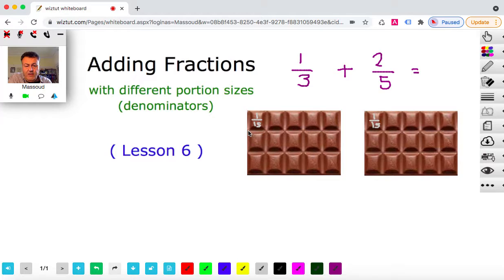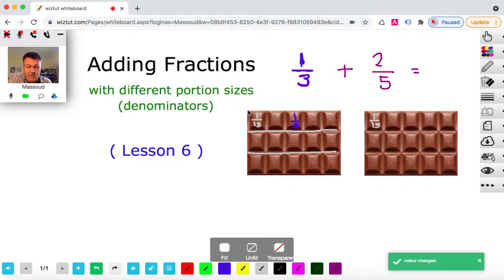Now, if I snap this bar here, in the middle, and I break it into 3 pieces, then each one of these will be a third. So this third here, I'm going to make it blue. So this third here is one of these pieces.